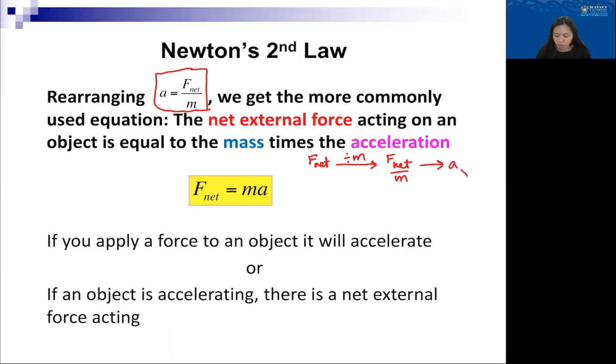Then you retrace your steps backwards, starting from acceleration, and you undo whatever you did to build the equation up. So instead of dividing, you multiply with m. Then you have mass times acceleration, and you end up with net force. And therefore, net force is equal to mass times acceleration, right?